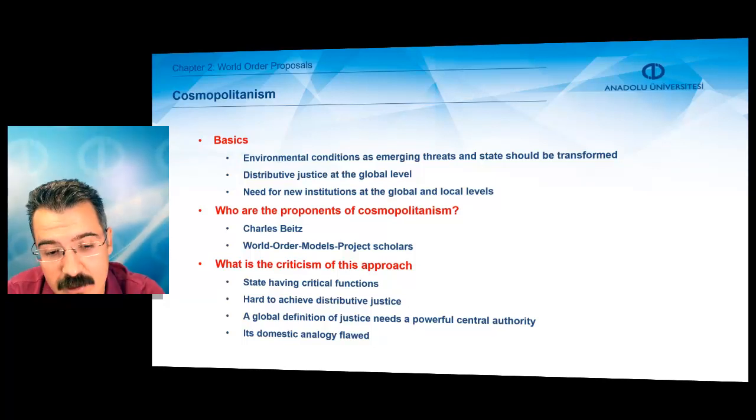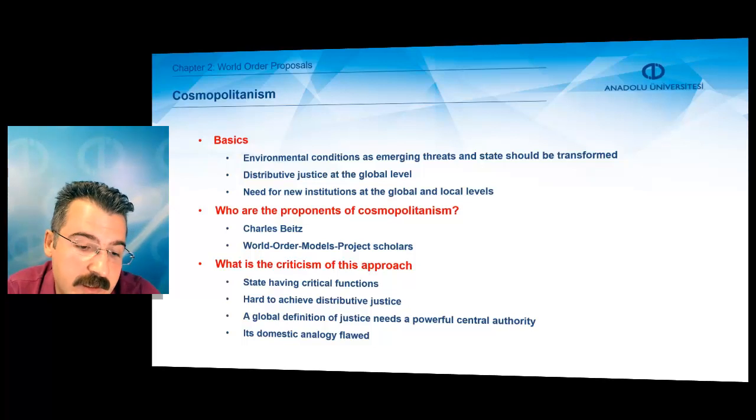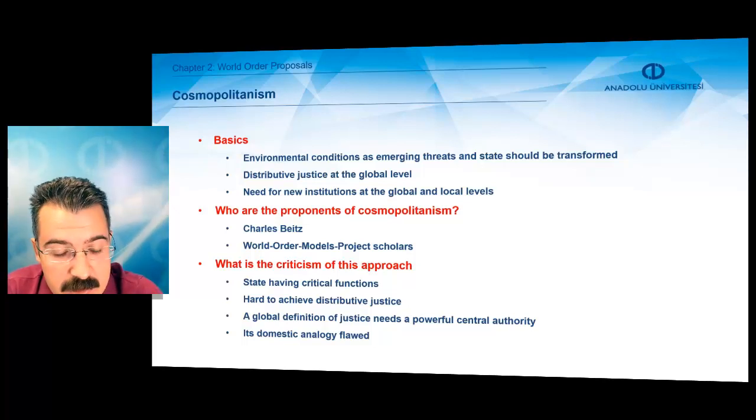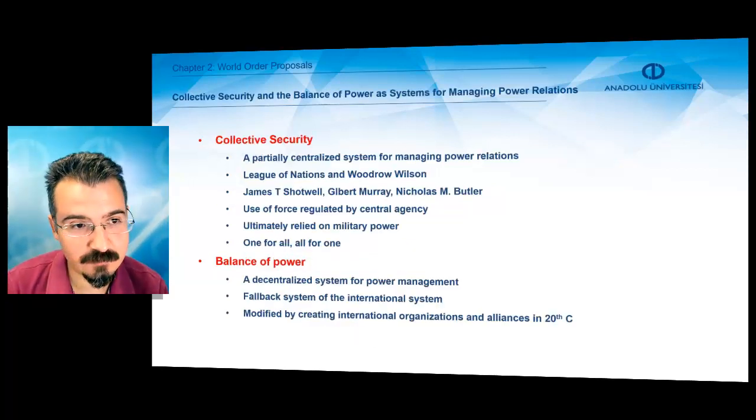It's not an easy project. And also a global definition of justice, if we find one, needs a powerful central authority, which cannot be realized within the contemporary conditions of international relations. And the final criticism is the problem of its domestic analogy, which fails.